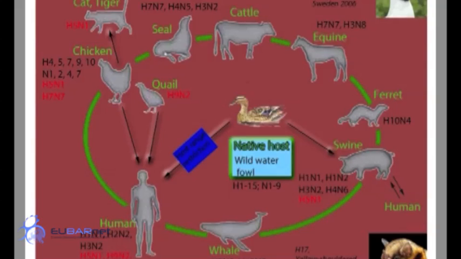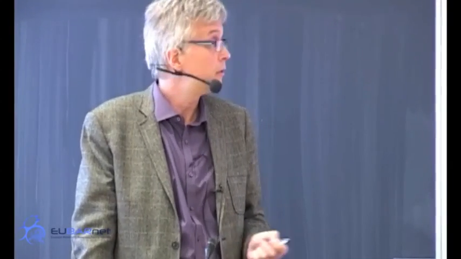For instance, in seals you have H7N7, H4N5, H3N2. But they all once originated from wild waterfowl. And in humans, you have the H1N1, the H2N2, and the H3N2. These are the human influenza variants that we have seen so far.